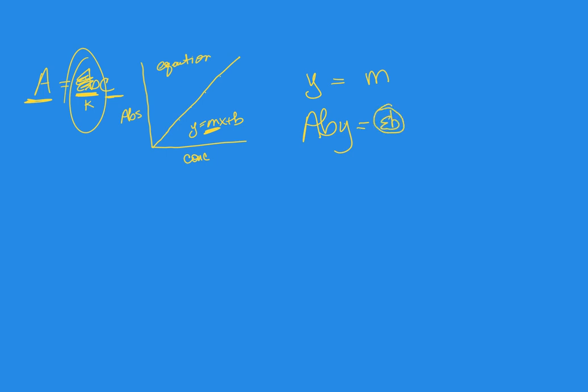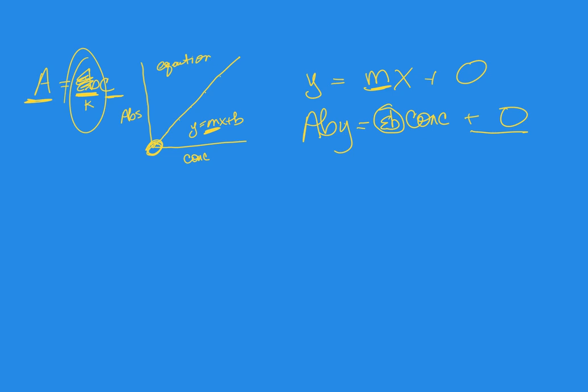And then on the x-axis, we have concentration. And our y-intercept is usually 0. It's going to be really close to 0. So you generally don't have to worry about that.